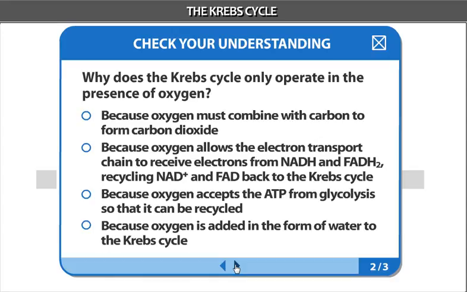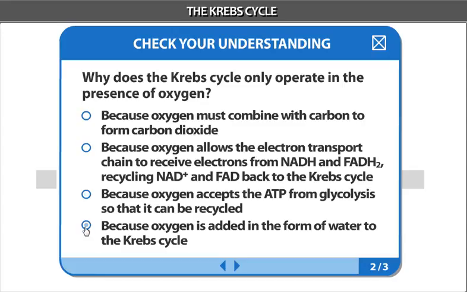Why does the Krebs cycle only operate in the presence of oxygen? Because oxygen must combine with carbon to form carbon dioxide. Because oxygen allows the electron transport chain to receive electrons from NADH and FADH2, recycling NAD+ and FAD back to the Krebs cycle. Because oxygen accepts the ATP from glycolysis so that it can be recycled.